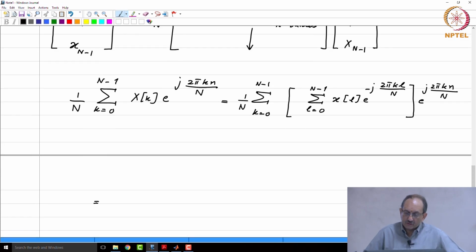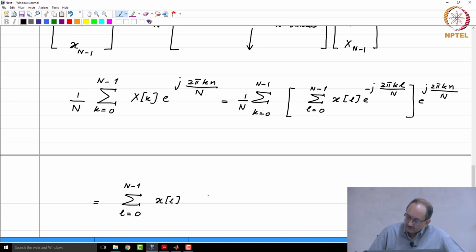Now, you can interchange these two summations without any worries because these are finite summations, and hence you go from l equal to 0 to N minus 1, x of l, and now look at this.